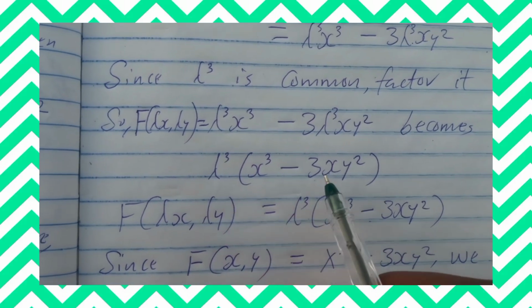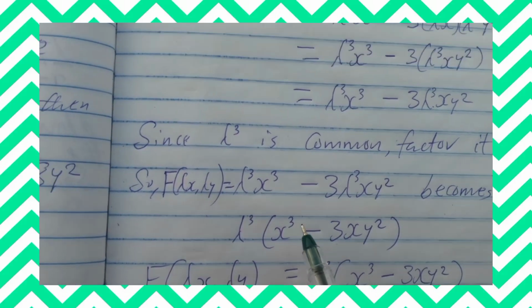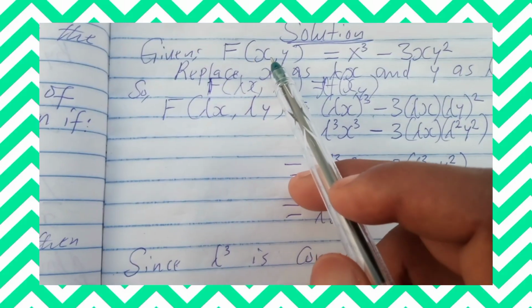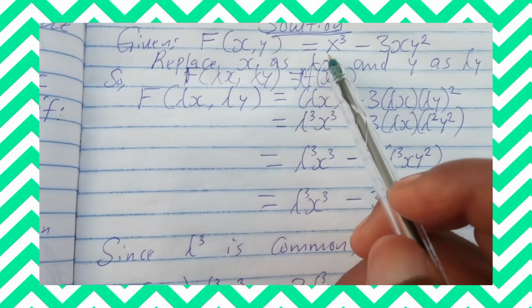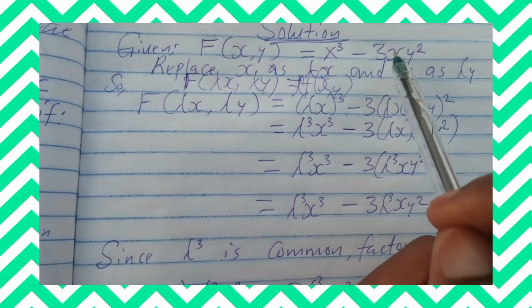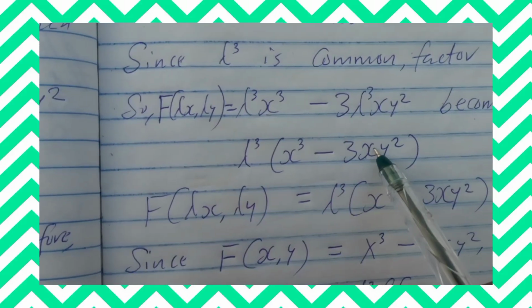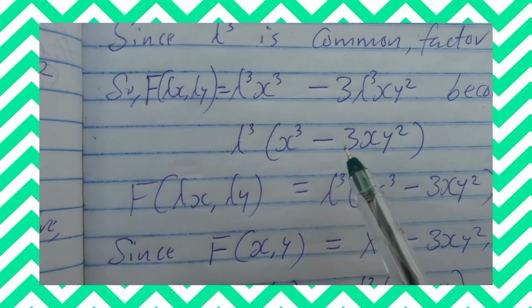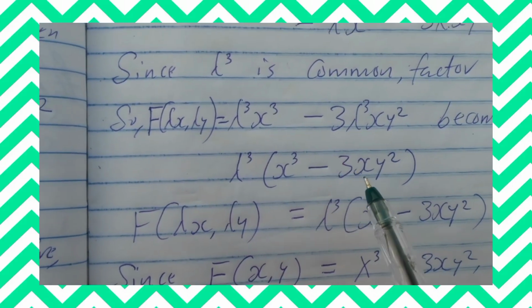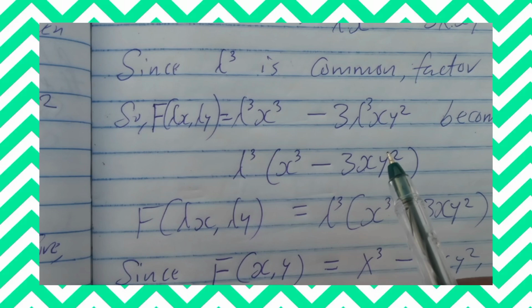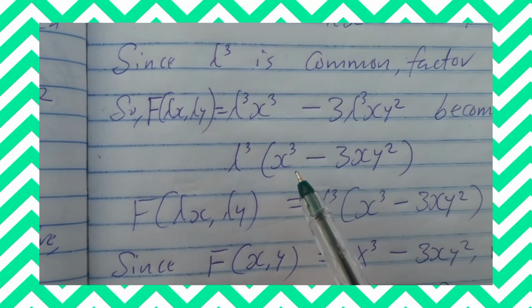So from here now, we know that initially our f of xy was equal to x cube minus 3xy squared. That is why here it's the same thing we are having in this bracket, x cube minus 3xy squared. So instead of leaving it like that, we substitute what?